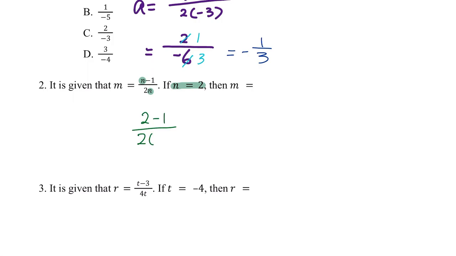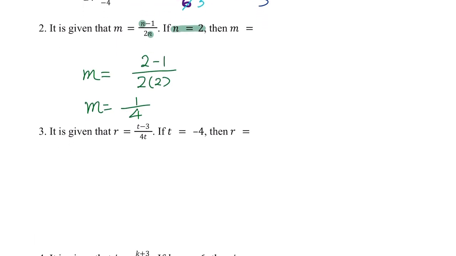Even at the bottom, if it's stuck together, that means it's multiplied. So that's our m. And then of course do the numerator and denominator separately. 2 minus 1 is 1. 2 times 2, bracket means times, so 4. Can they be further simplified? Nothing, right? They can't be. They are already at the most simplified version. So that's your final answer. Easy peasy. Now let's continue.